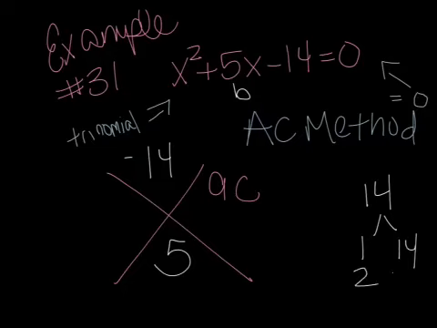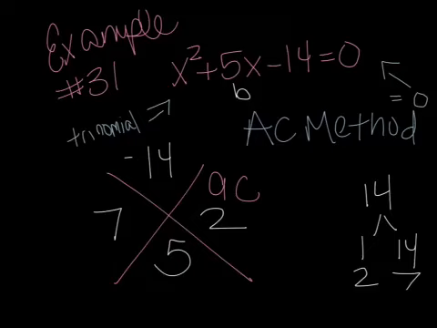We know that 2 and 7 is a factor. I'm going to test 2 and 7 because I feel like we may get lucky. Now we know that 7 times 2 is 14, but in this case we're looking for negative 14. So we know that one of our numbers, 7 or 2, is going to be negative.